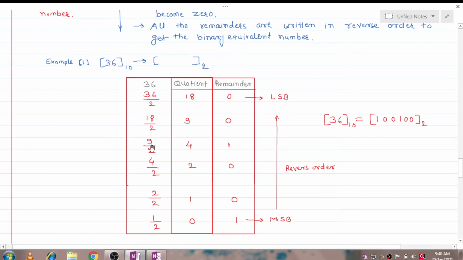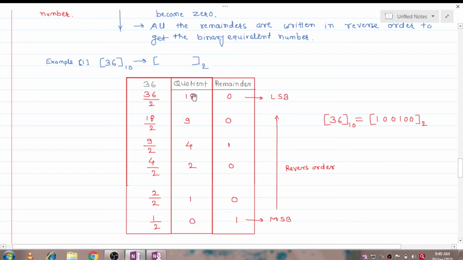Now 9 divided by 2 is 4, since 2 fours are 8, so the remainder is 1, and we write that remainder 1 here. Then 4 divided by 2 is 2, remainder 0. Then 2 divided by 2 is 1, remainder 0. Then 1 divided by 2: now the quotient is 0 and the remainder is 1.